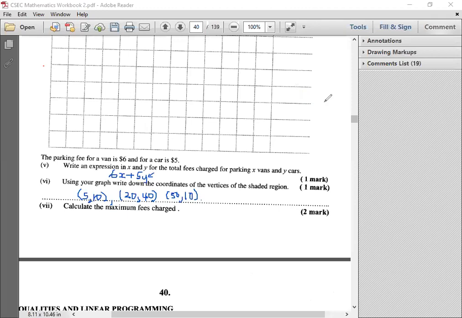I see Angel got 350. Anybody get 350? You use this coordinate, plug it into this, and you get $350.